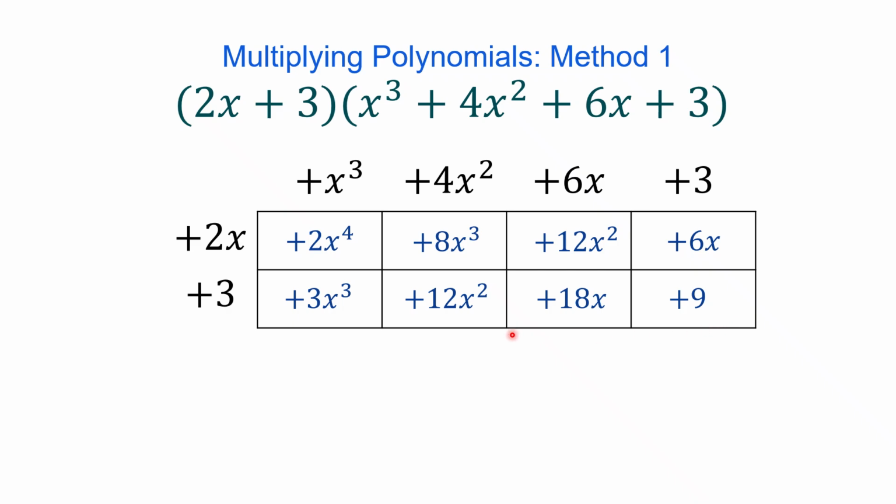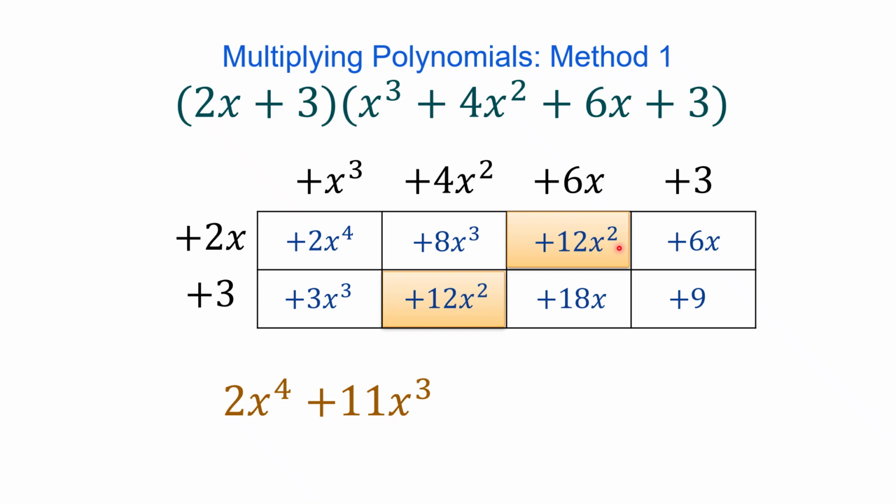So now we're going to combine the boxes where the terms are alike. 2x to the fourth, as you can see, has no other match. Therefore, 2x to the fourth becomes the leading term. Next, we add the x to the thirds. The 8x to the third combines with 3x to the third and becomes 11x to the third.